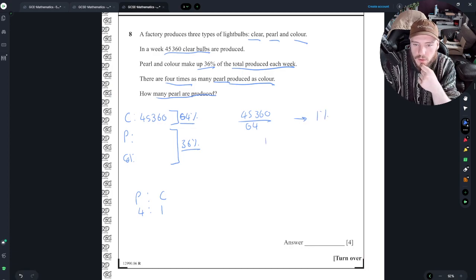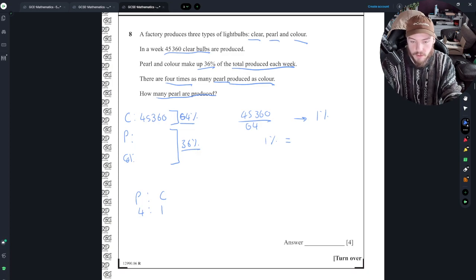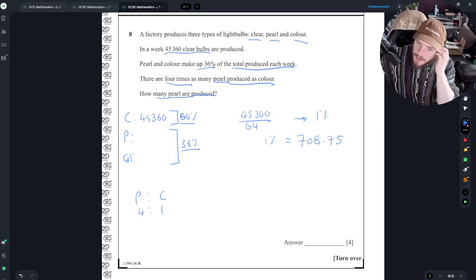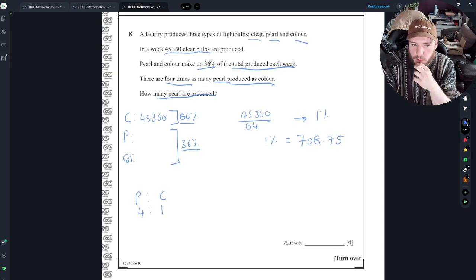Okay, so 1% is equal to 45360 divided by 64. That would be 708.75. Okay, so I could multiply it by 36 and that would give me both what pearl and color are, but I'm going to work with my ratio here.